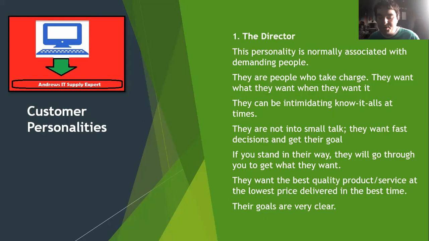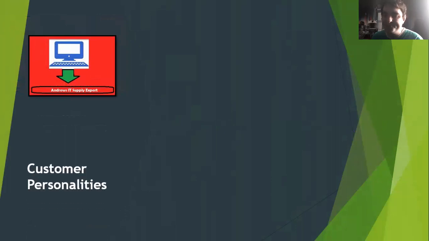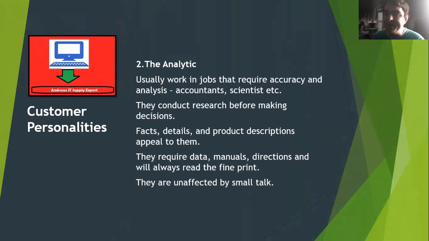Okay, going to the next slide, I'm going through the second type of customer personality. This customer personality is called the analytic. It usually works in jobs that require accuracy and analysis, for example the accountants inside CEC.